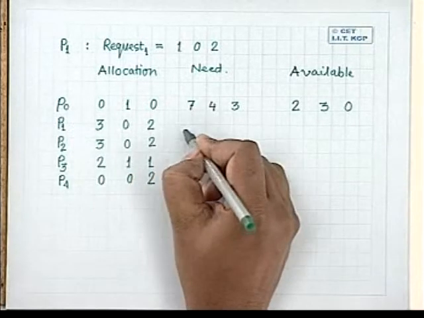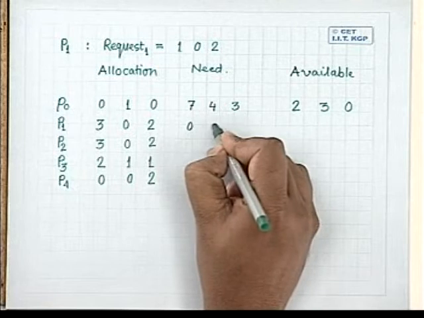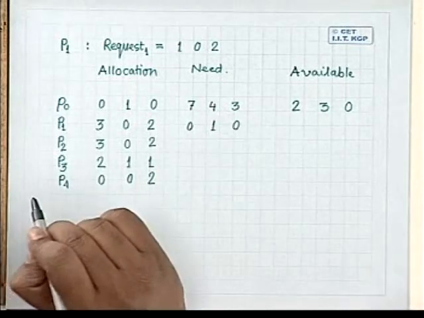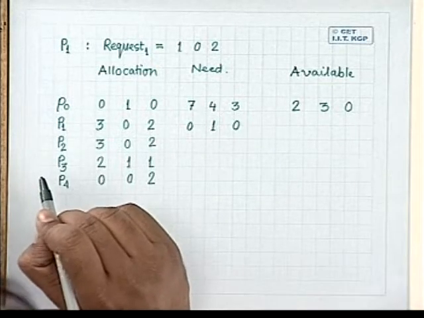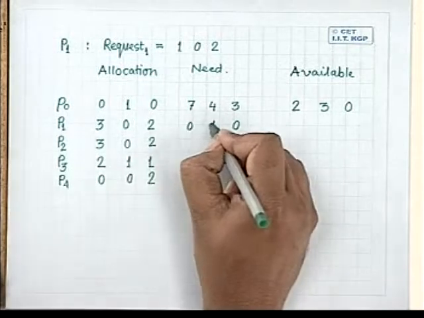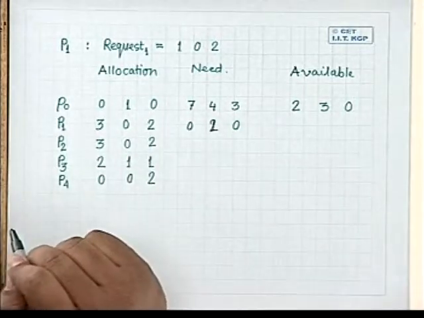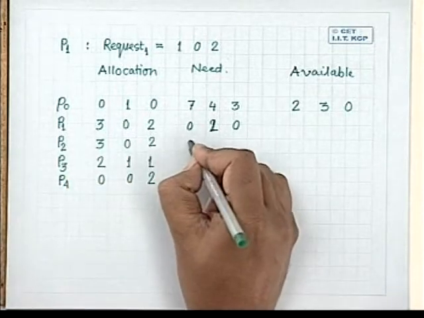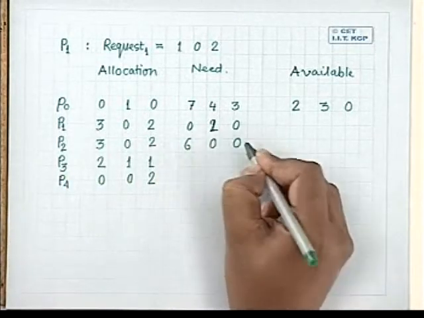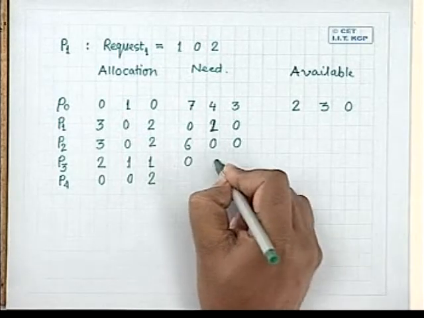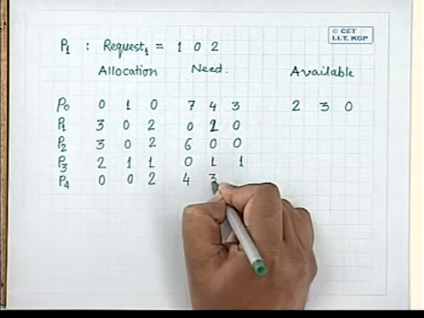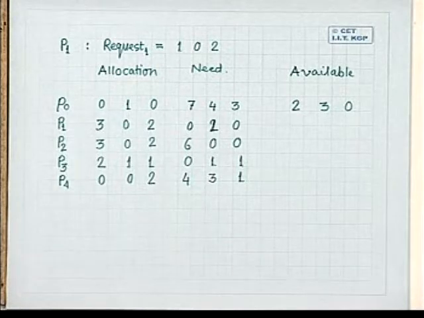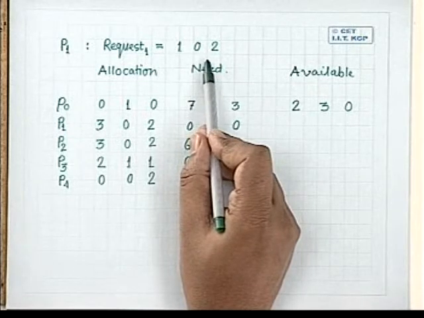So need for process P1 will now become 0, 2, 0. For others, need will remain the same. For P2, it is still 6, 0, 0. For P3, it is 0, 1, 1. And for P4, it is 4, 3, 1. Okay. So this is the new state that we reach if we allocate the resources which are requested by process P1.